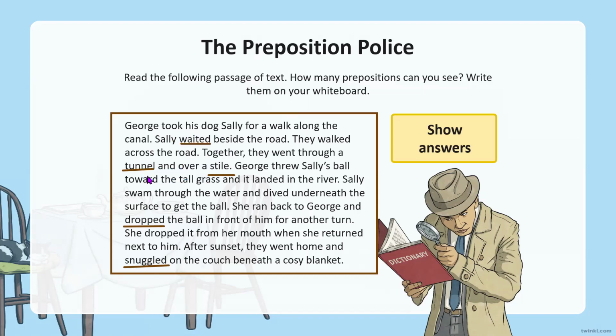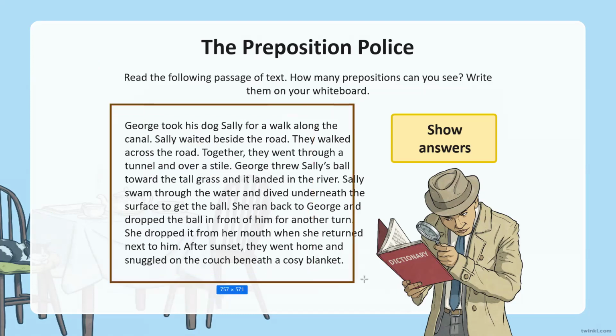Tunnel. Tunnel. Nice. Stile. Stile. Very good. Drop. Drop. Great. Snuggle. Snuggle. Very good.